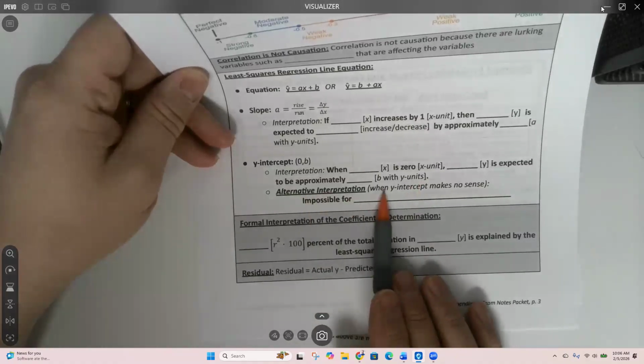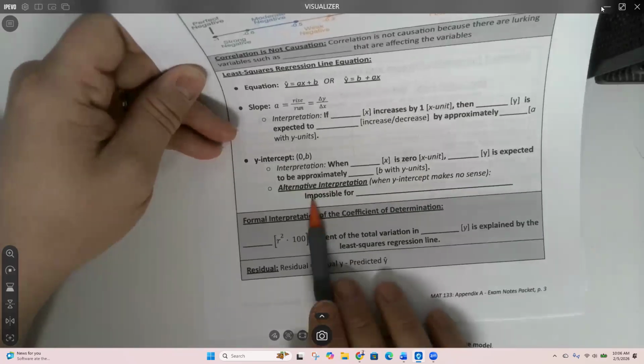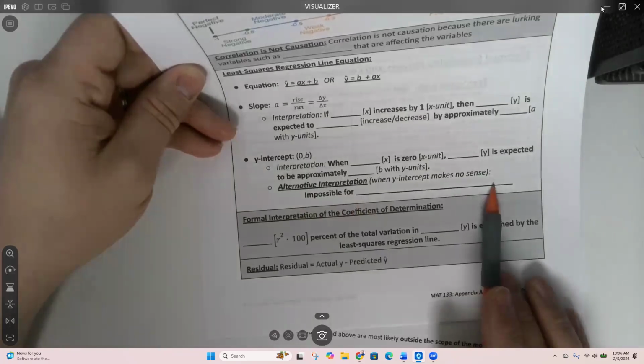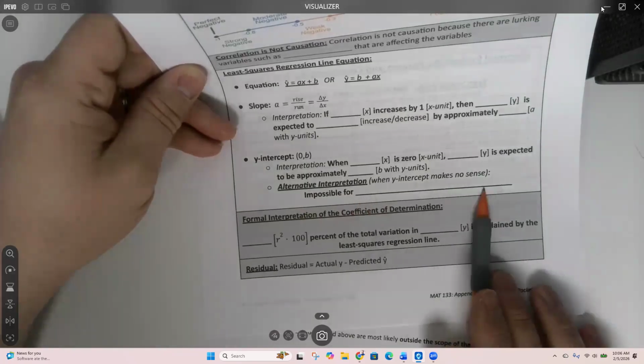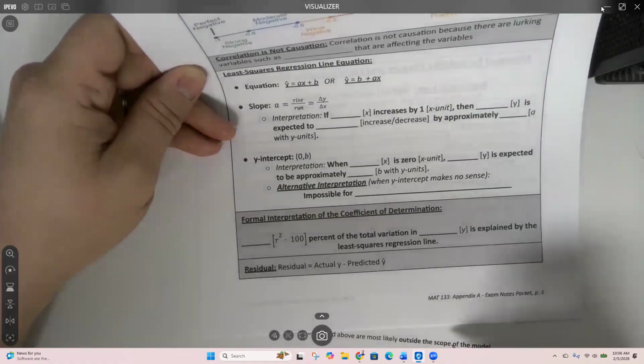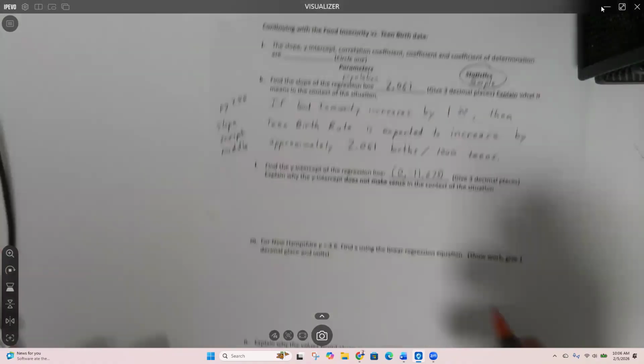Usually, when the y-intercept makes no sense, we'll say impossible for blah, blah, blah, and usually the reason is that it makes no sense for x to be 0. That's the case here.